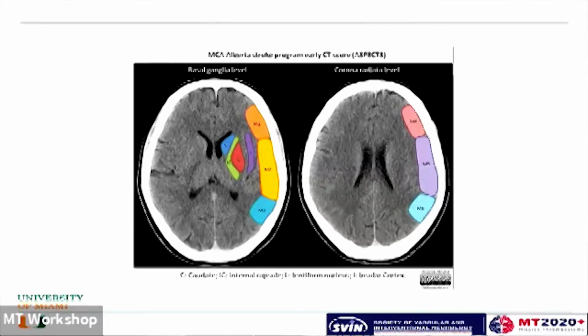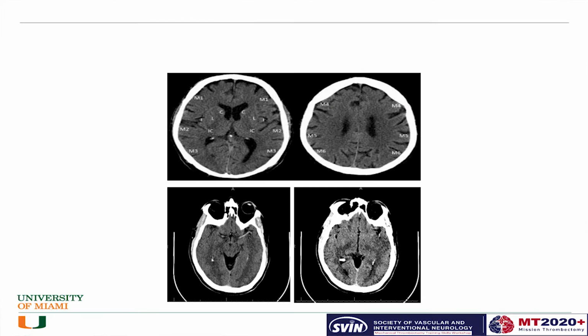If any of these levels are abnormal, you'd subtract 1 point for each level. So if the entire area looks dark, then you would subtract these 3, and the patient would have an aspect score of 7, for example. And I'll show you some pictures. So in this plain CT, as you can see, good gray-white differentiation throughout.